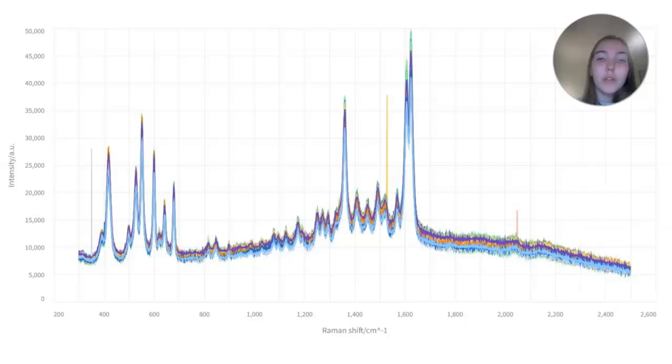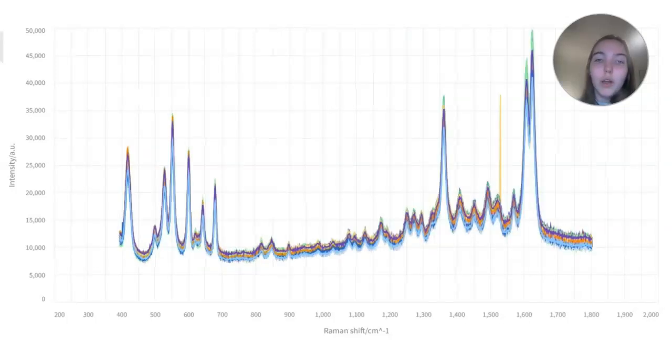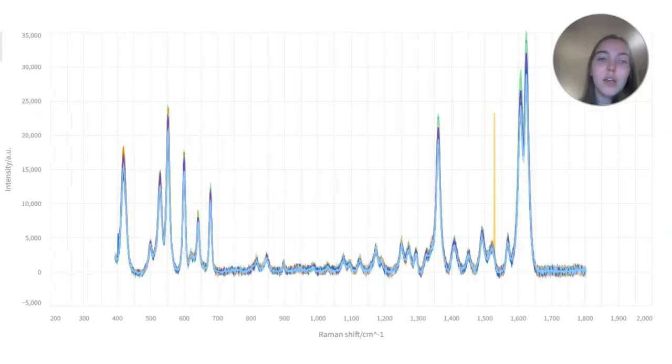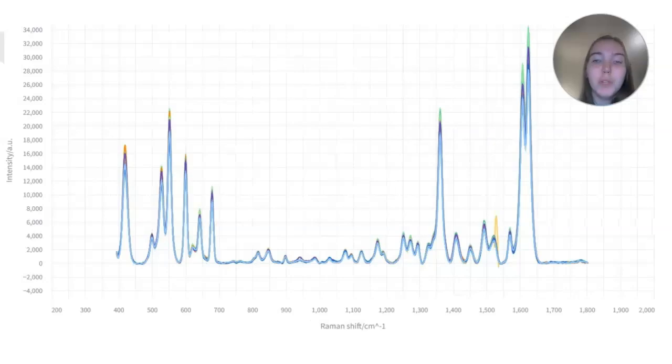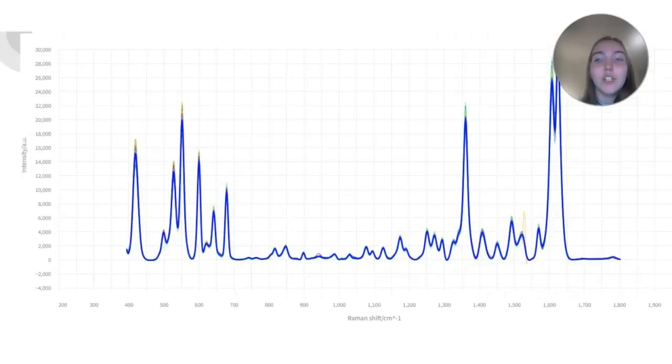And so the steps we took to process this were, first, we cropped it from about 400 to 1800 wave numbers. We baseline normalized it, which we basically took it so that the noise fluctuates around zero intensity. We smoothened it, and then we averaged it. So this dark blue line, this is the spectrum that we'll take into the rest of the data processing.